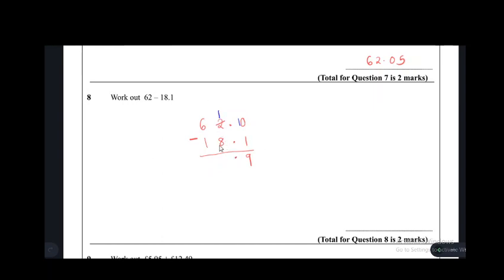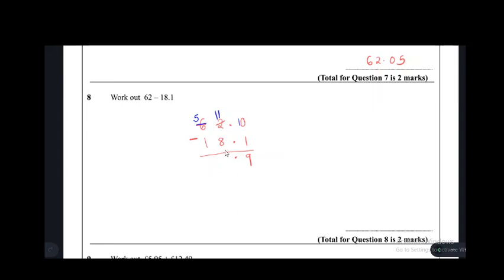Now 1 take away 8 is not possible in this case, so we can always borrow. So we borrow 1. Okay, so let me just use this color. I borrow 1. When I borrow 1 here, I remain with 5, and then it will put a 10 here, so it will become 11.